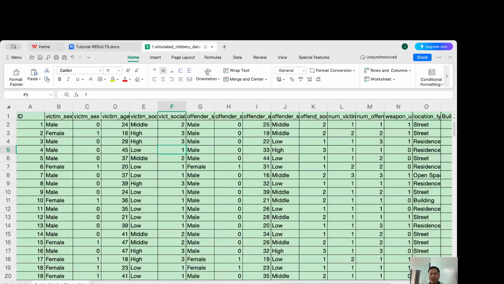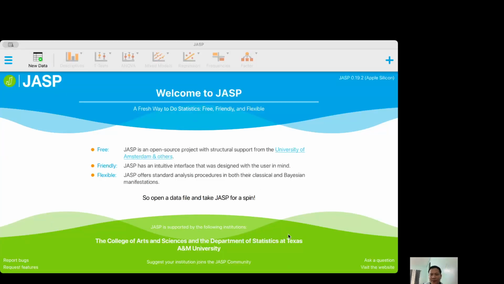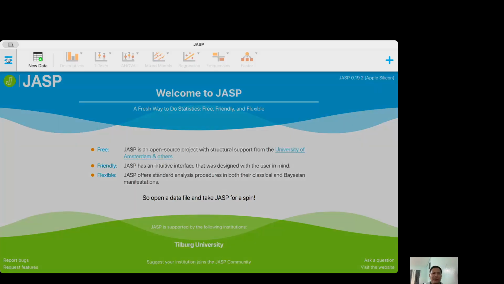Then if you want to open it, let's open it through JASP. Let's open the data through JASP. Let's wait for a while. So here is JASP. Let's open the data that we have.